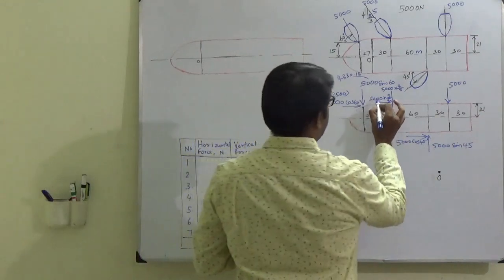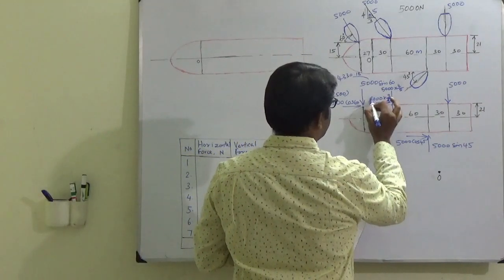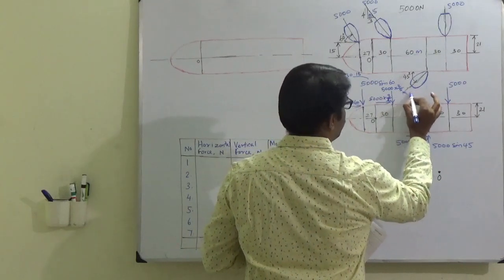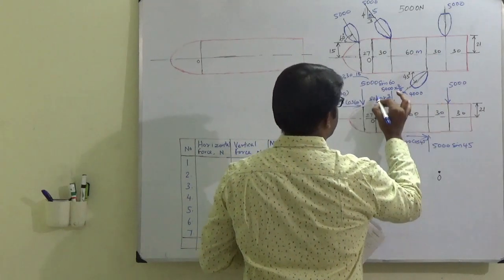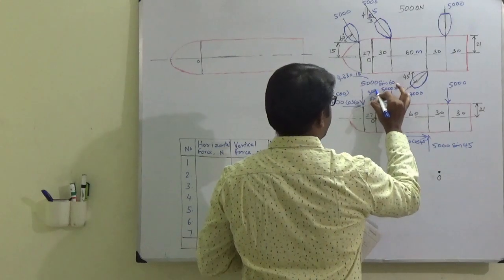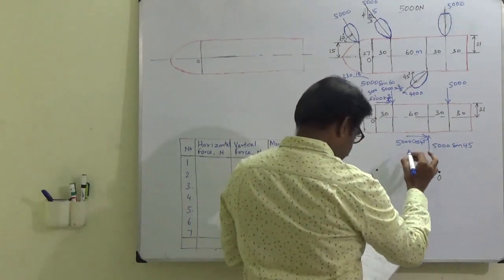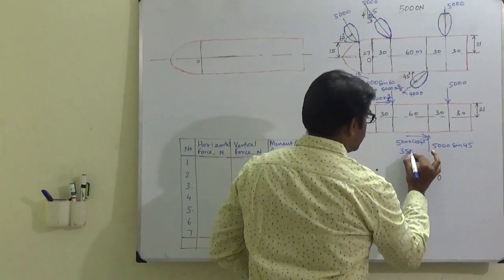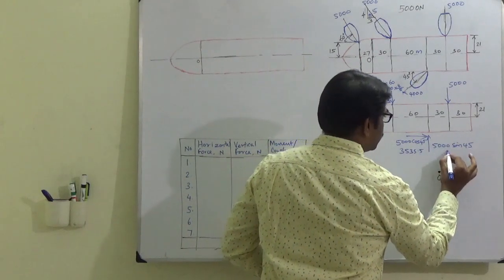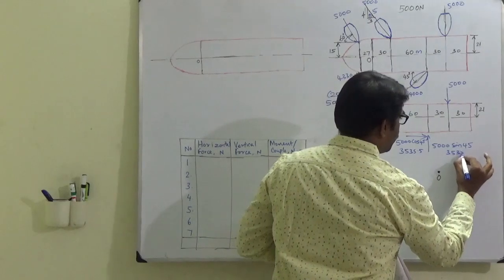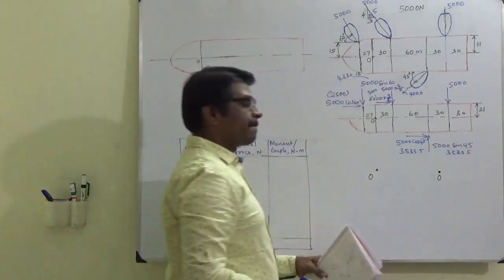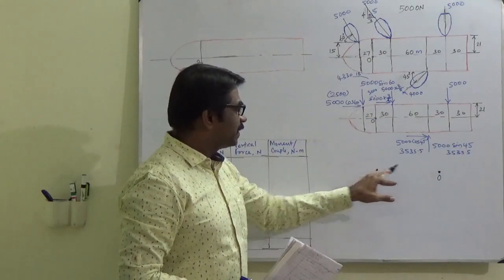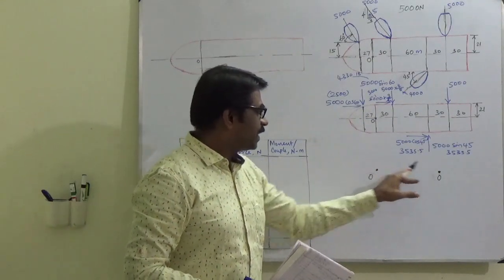So this value is 3000, this is 4000, so this is 4000, this is 3000, and this is 3535.5, 3535.5, this is 3535.5.